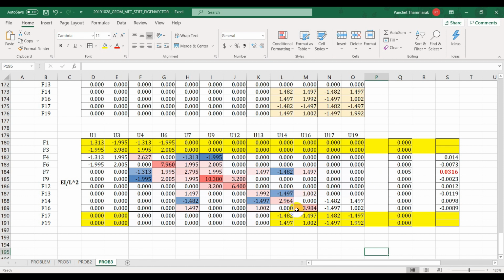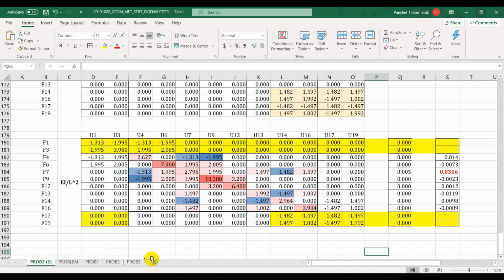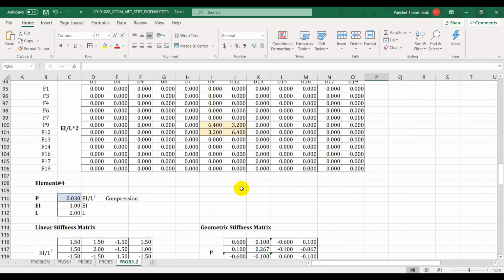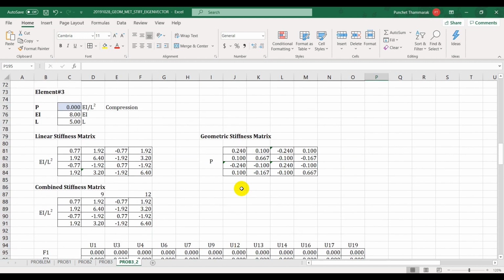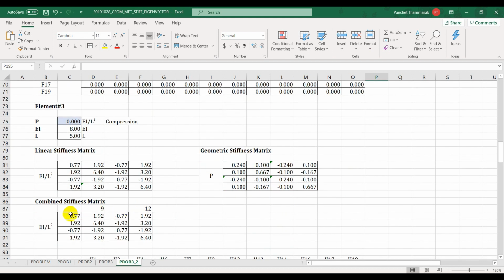So we will have to check by going back up here for the element number 3. You have this stiffness matrix like this.